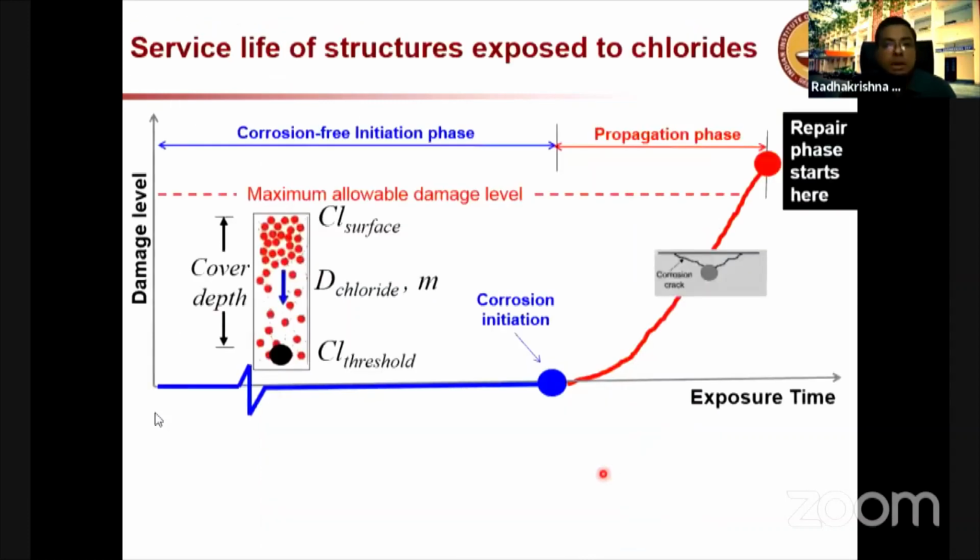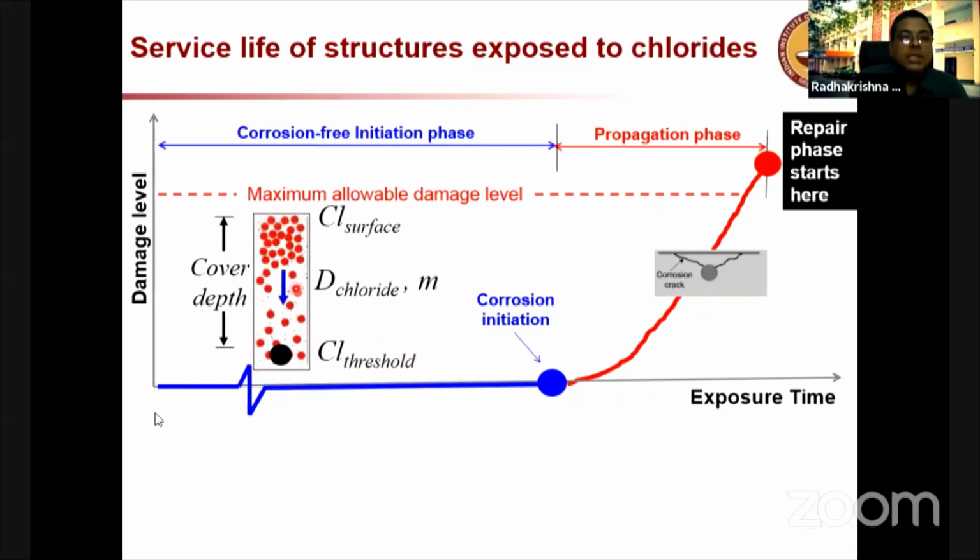Now let's look at how the service life gets affected because of this chloride ingress and chloride-induced corrosion. Here, this cross section I'm showing is of a typical clear cover region.